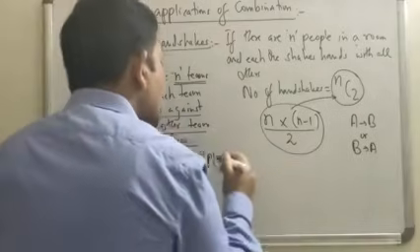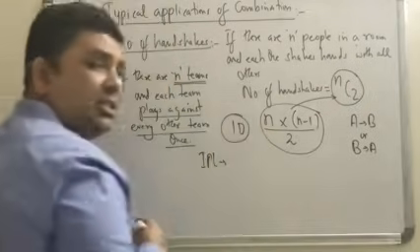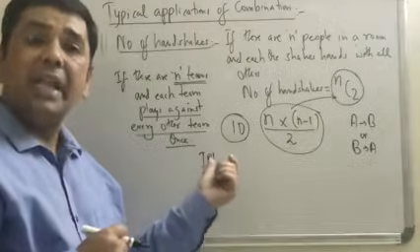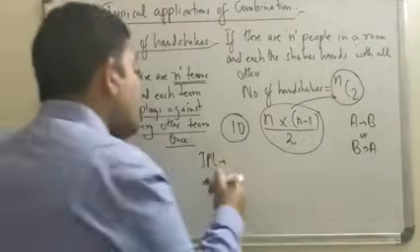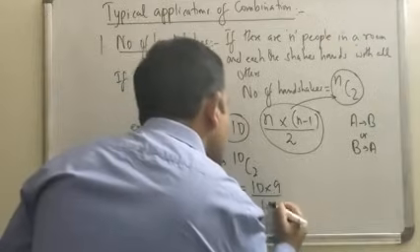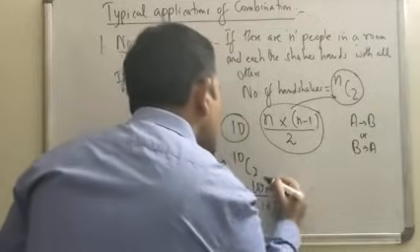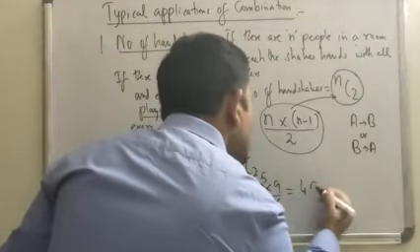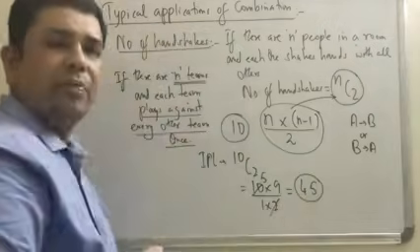Please listen to this. So we are talking about 10 teams, each team playing against every other team once. What will be the number of matches? It will be 10C2, it will be 10 into 9 upon 1 into 2. The number of matches will be 45.